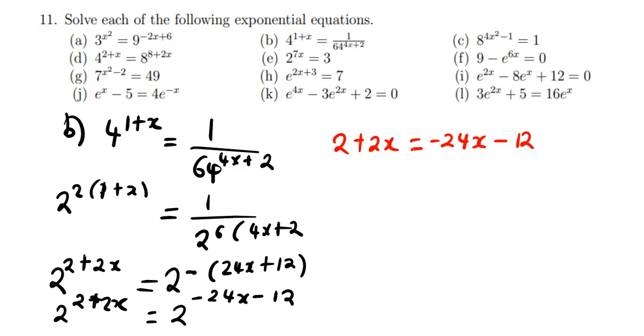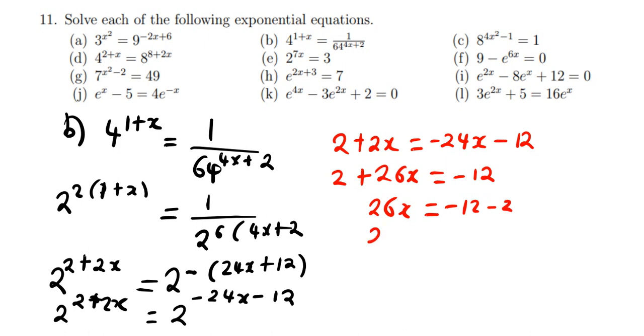If I've got 2 plus 2x, when the negative 24x comes to the other side, it becomes positive. 2x plus 24x will just give us 26x is equal to negative 12. When I take the 2 to the other side, I have negative 12 minus 2. So 26x is equal to negative 12 minus 2, that is negative 14.